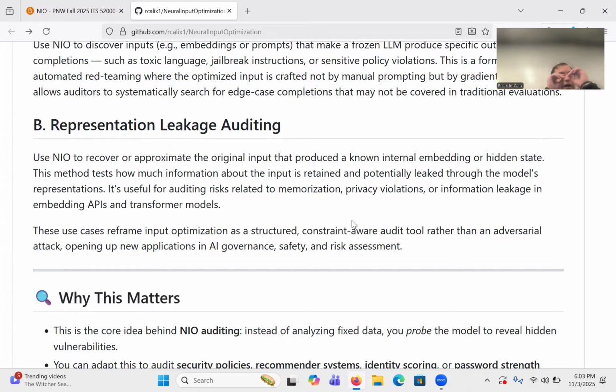So there might be one little piece of the whole embedding that is a memorization. You never know. So obviously for a company like OpenAI, this is a big fear, right? That some secret stuff is going to be revealed of the training that they used, and then they're going to get sued or something. It's useful for auditing risks related to memorization, privacy violations, and information leakage in embedding APIs and transformer models.